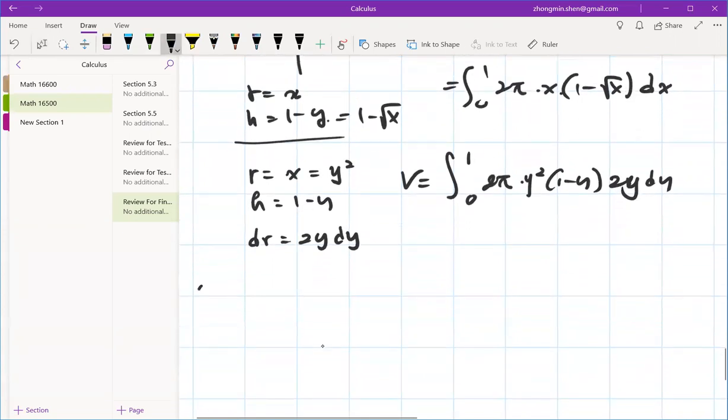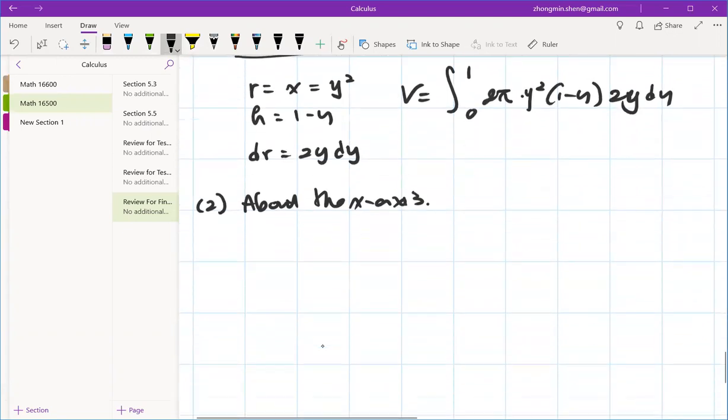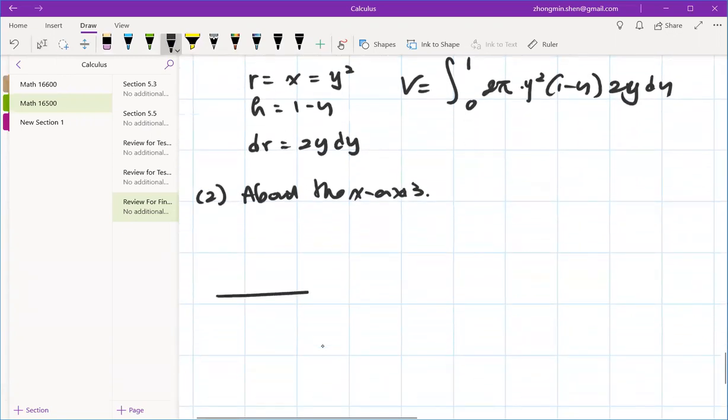All right, so now the second part is about the x-axis. Right? The rotation is about the x-axis. This is a region, right? Okay.